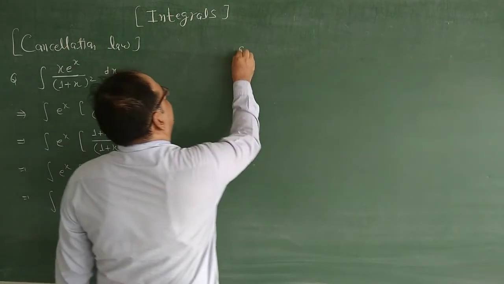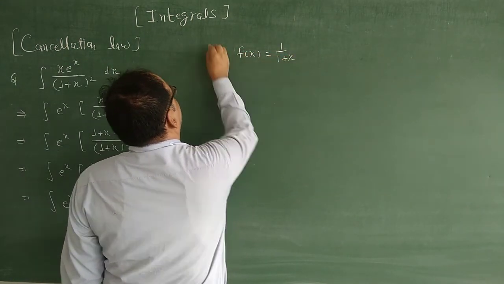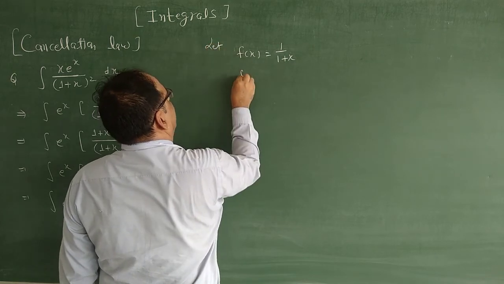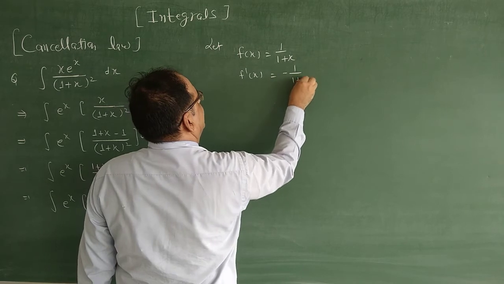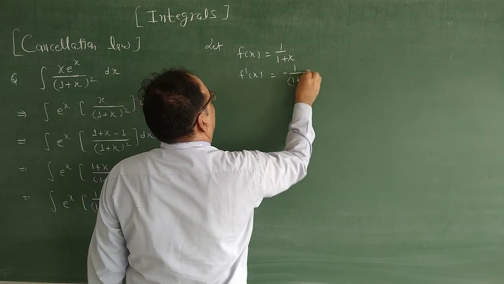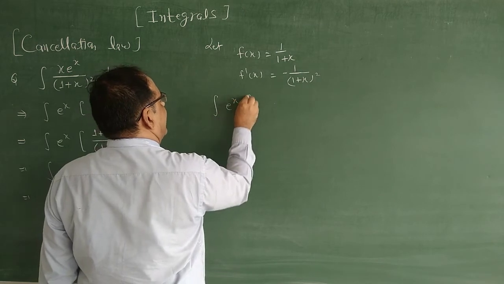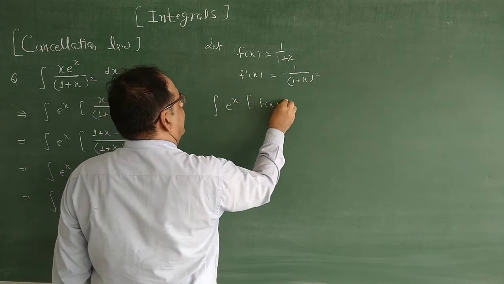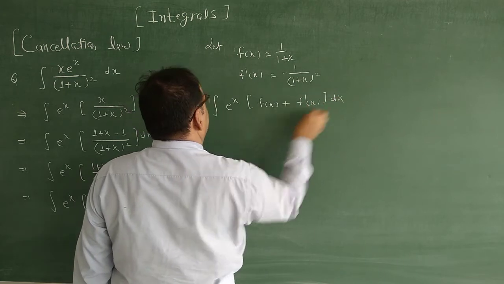Now assume f x is equal to 1 upon 1 plus x. So f dash x equals minus 1 upon 1 plus x whole square, which is the differential of 1 upon 1 plus x. Now our question becomes the integral of e to the power x times f x plus f dash x dx.